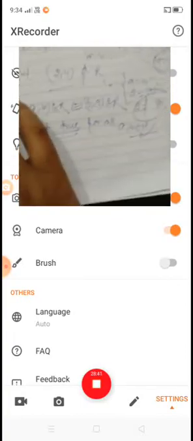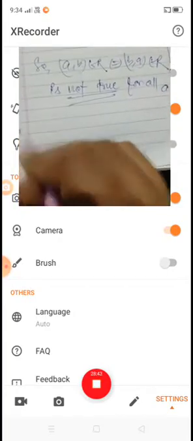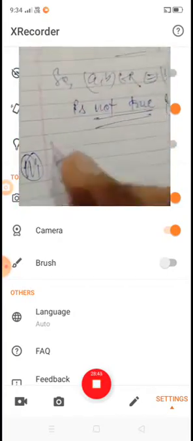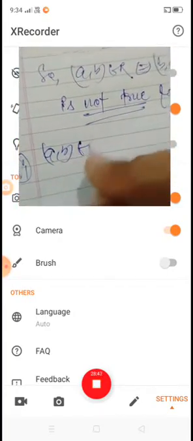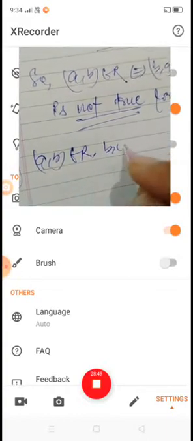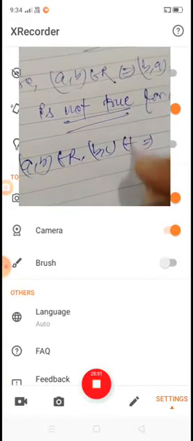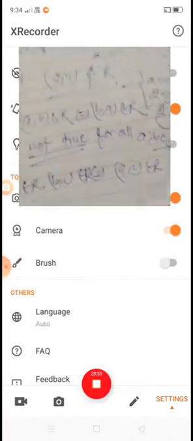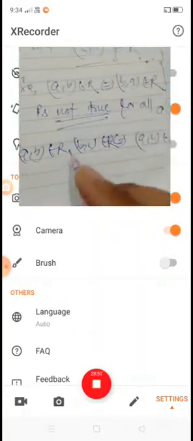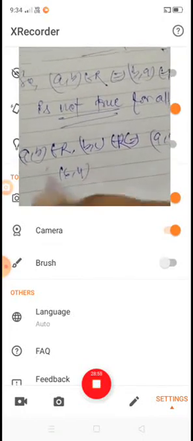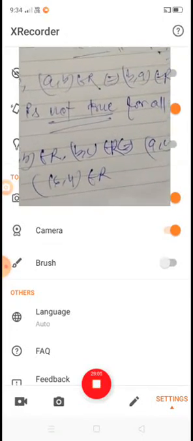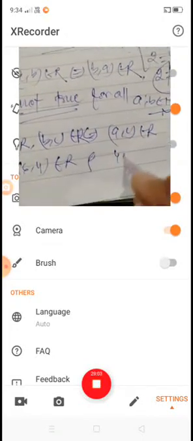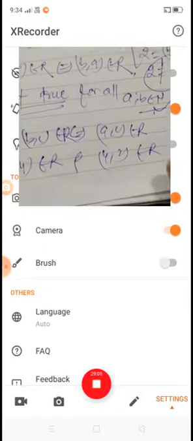And now we take the third one: (A, B) belongs to R, (B, C) belongs to R, this implies that (A, C) belongs to R. It is also not true. Suppose that (16, 4) belongs to R, okay, and (4, 2) also belongs to R, right.